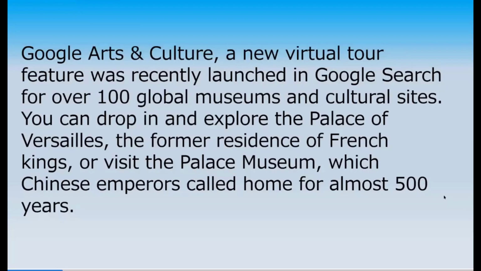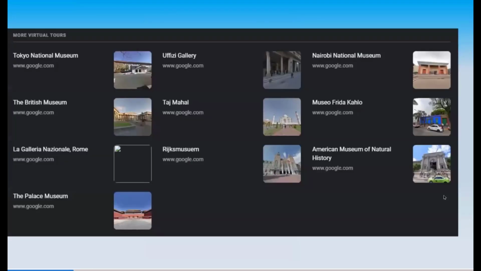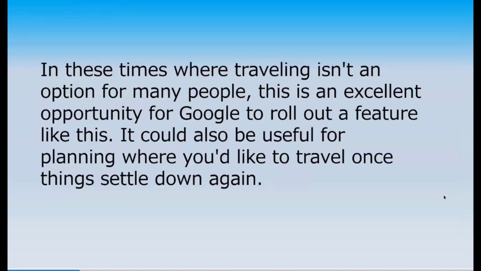You can drop in and explore the Palace of Versailles, the former residence of French kings, or visit the Palace Museum, which Chinese emperors called home for almost 500 years. You can do a virtual tour on your mobile device, or you can look at virtual tours through your web browser on your PC or your Mac or your Chromebook.